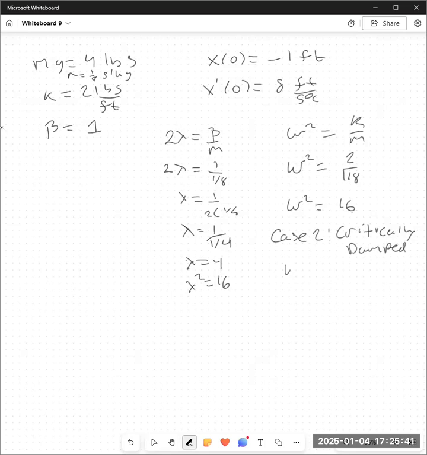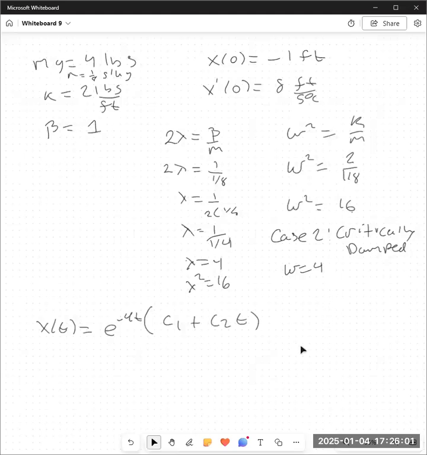And if I need it, omega is going to be equal to 4. So x of t is going to be equal to e to the negative 4t times c1 plus c2t.